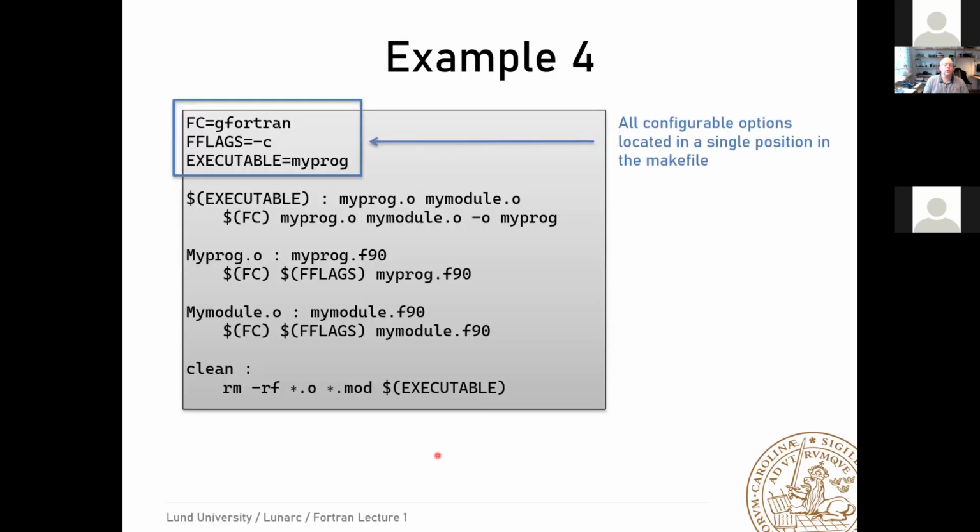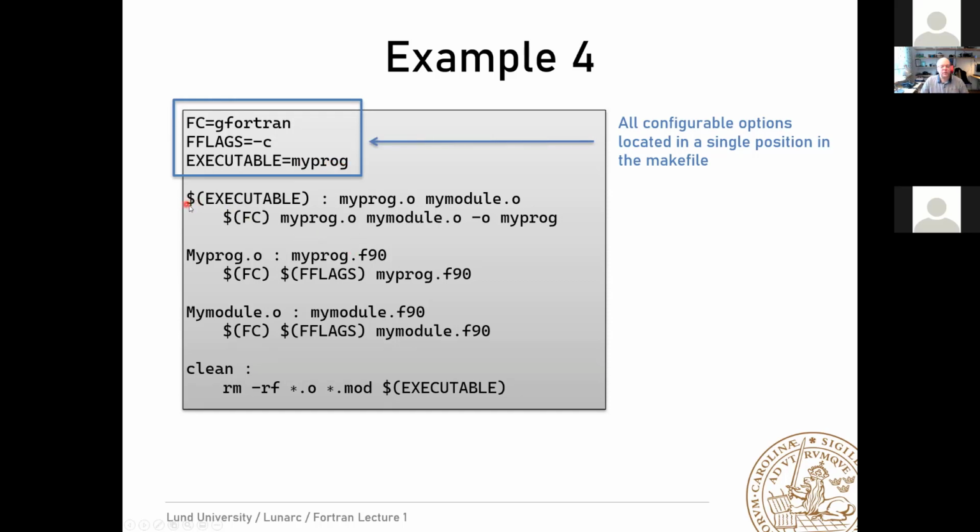For example, things that can be changed depending on the configuration. The convention is to use FC for the Fortran compiler. So I have FC equals gfortran, and my Fortran flags here are -c for compile. Here you can add optimization flags as well. I have an executable variable for the name of the output executable.